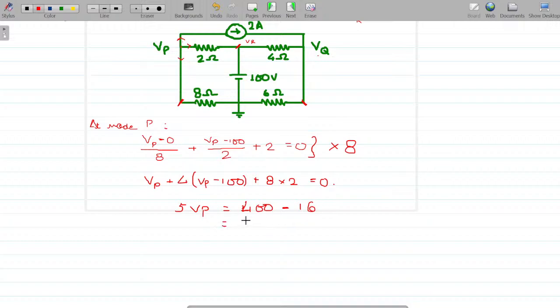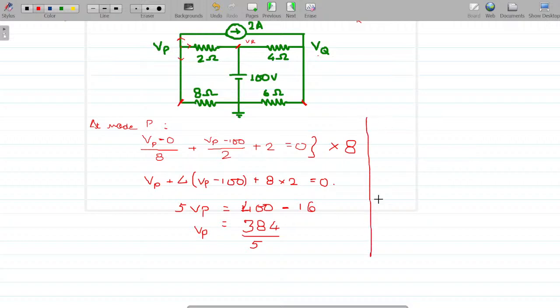Can I write this to be 384 divided by 5? This is what Vp is for you, right? Are we clear?